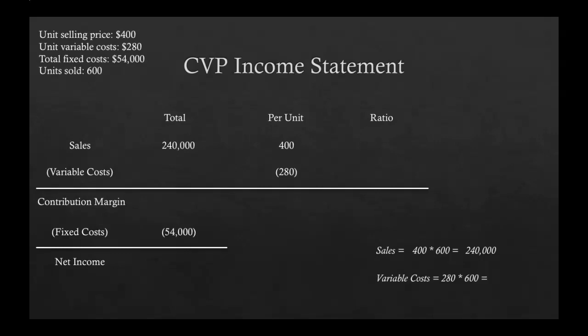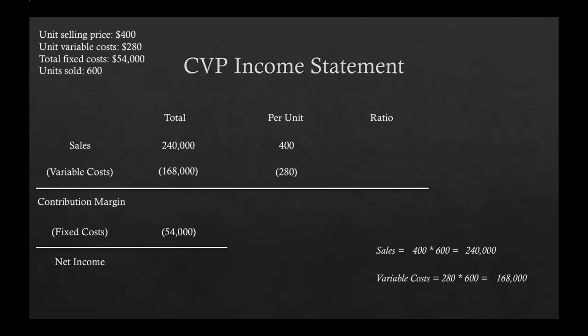Now we'll do the same sort of thing for our variable costs. It's $280 per unit. We multiply that by our number of units sold, and we get a variable cost amount of $168,000. So we can toss that into our CVP income statement.